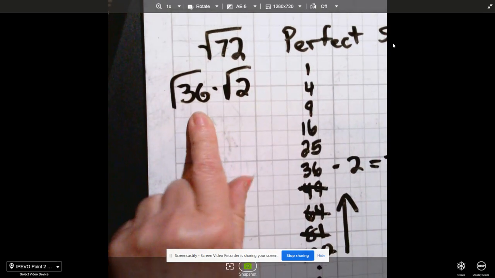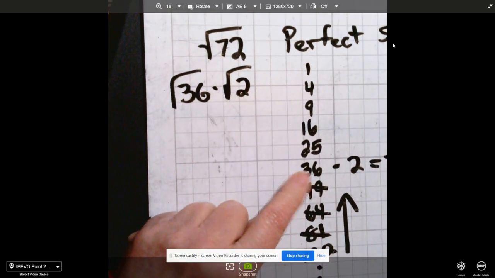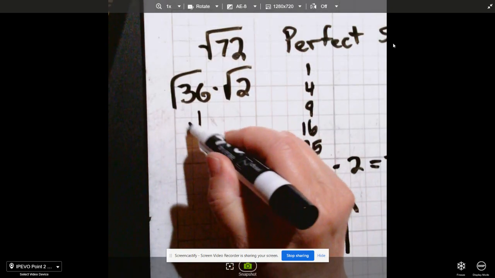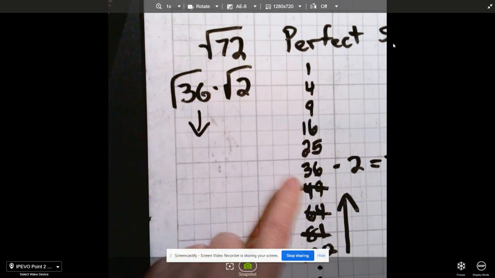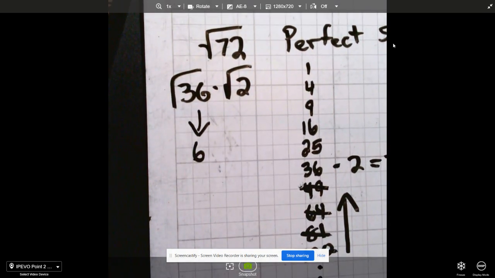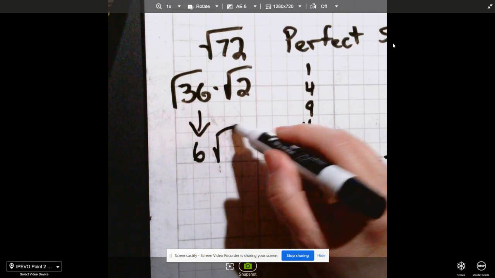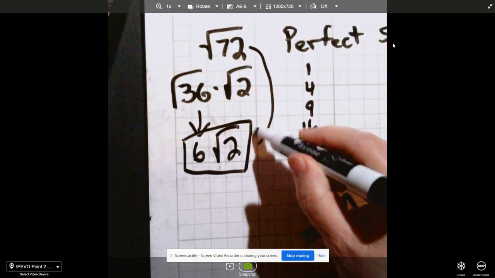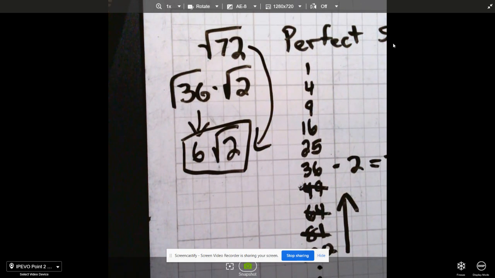I always tend to put the perfect square first. Well, we know the square root of 36 is 6 because we know 6 times 6 is 36. And the square root of 2 I can't simplify. So now we know that the square root of 72 can be simplified down to 6 times the square root of 2. That's the perfect square method.